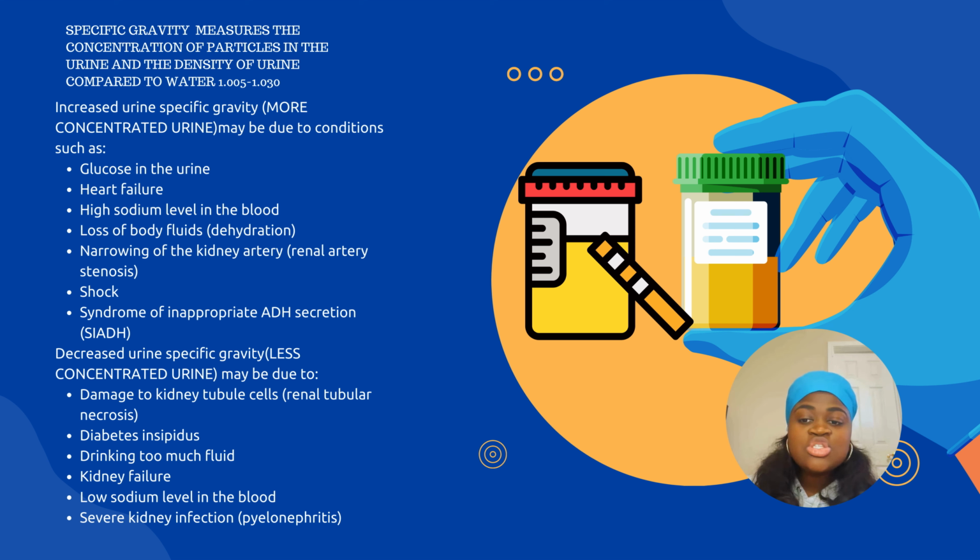So drinking too much water, kidney failure, low sodium level in the blood, severe kidney infection, which is called pyelonephritis, that can cause a decreased urine specific gravity. Okay, so those are reasons for having the increase or the decrease.